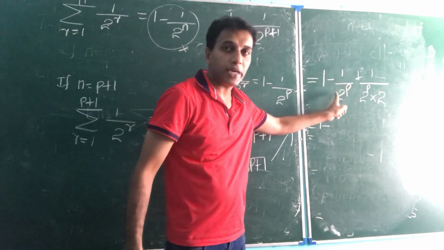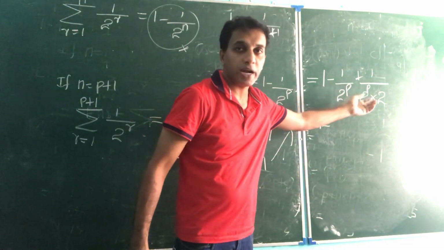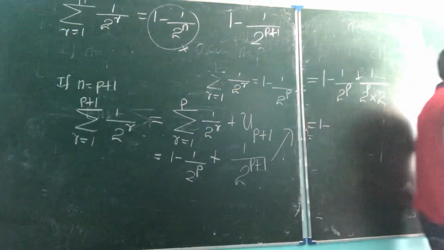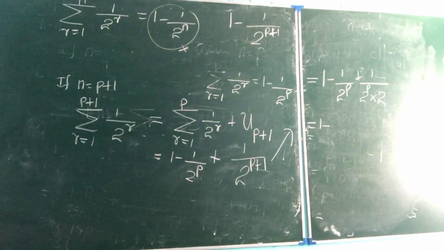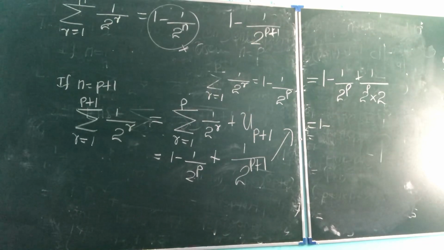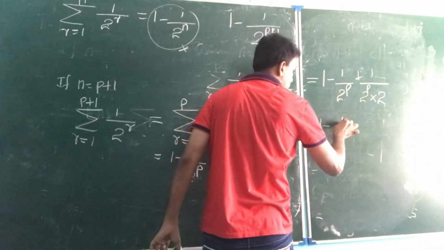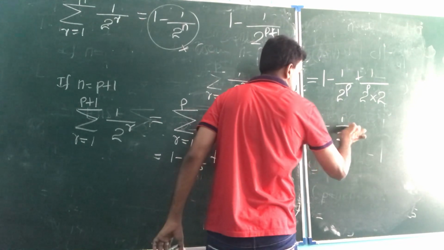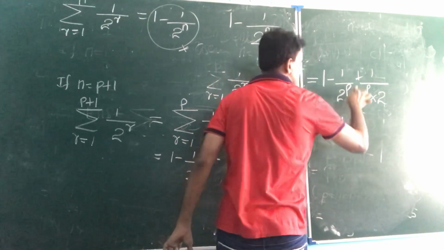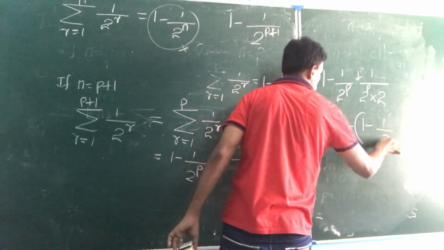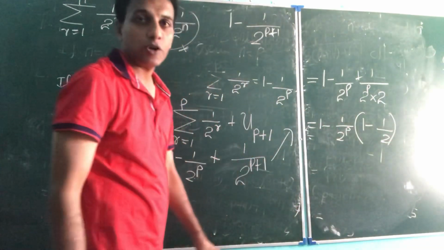Here 2 to the power p, here 2 to the power p. Take the 2 to the power p out as a denominator, right? So what is inside? 1 positive, and the negative is minus 1 over 2.